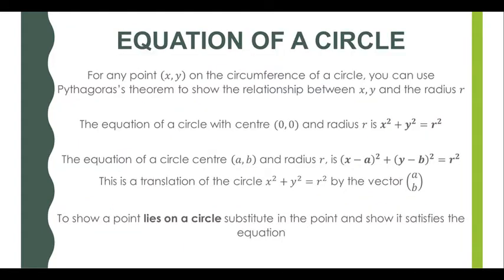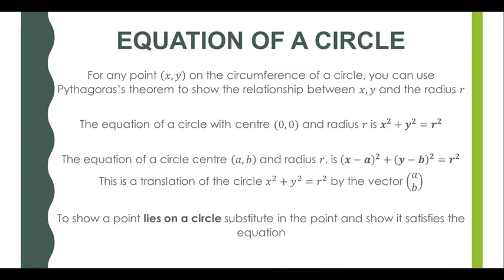So we're now going to look at the equation of a circle. For any point x, y on the circumference of a circle, you can use Pythagoras to show the relationship between x, y and the radius. The equation of a circle with centre 0, 0 and radius r is given by x squared plus y squared equals r squared.